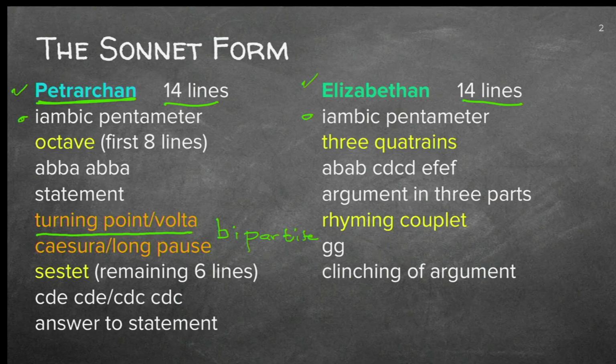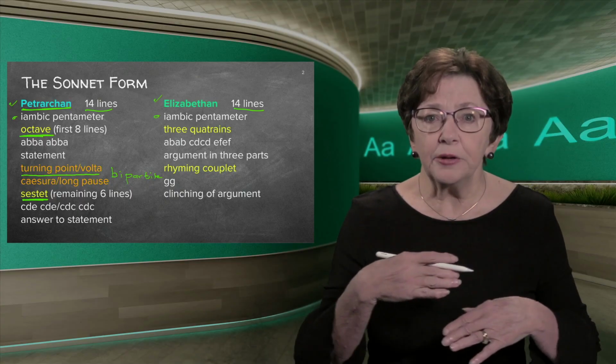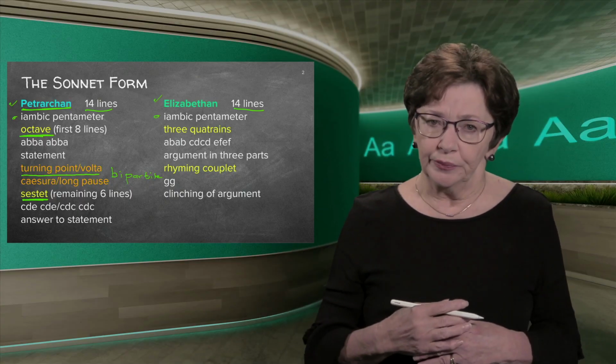In other words, you have an octave consisting of 2 quatrains, which is clearly distinguished from the sestet, which is the remaining 6 lines, and those then are 2 tercets. And there's a clear separation between the two.